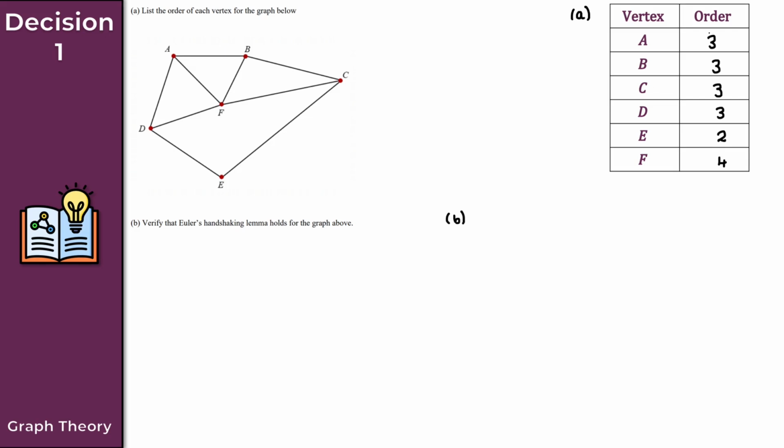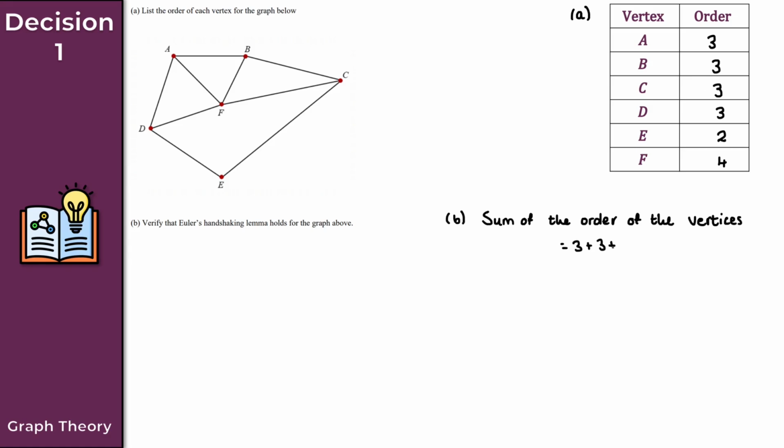So let's start by finding the sum of the order of the vertices. 3, 6, 9, 12, 14, and then 18, right? As we just deduced, that is 3 plus 3 plus 3.